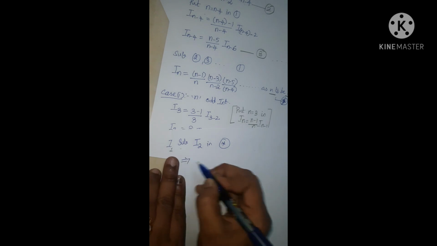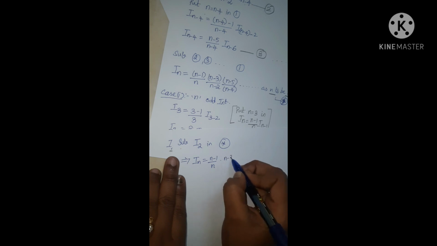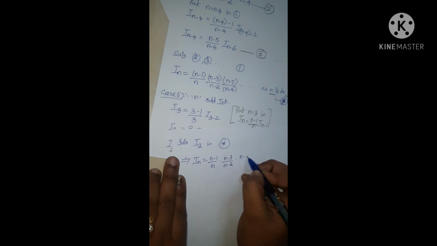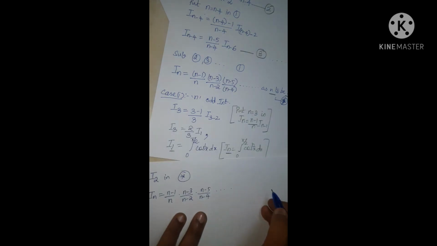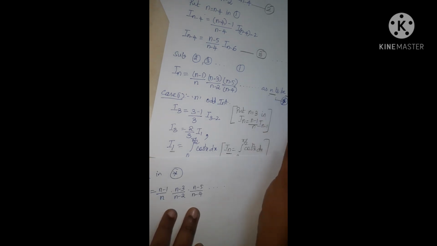So this will give us In is equal to (n minus 1)/n into (n minus 3)/(n minus 2) into (n minus 5)/(n minus 4), etc. It continues till the last expression where the last n value is supposed to end up with an even integer. When it is an even integer, the respective integral value is going to be I2, whose value is 1/2 into pi/2. So this is going to be the end of the expression, and n is going to be the even integer.